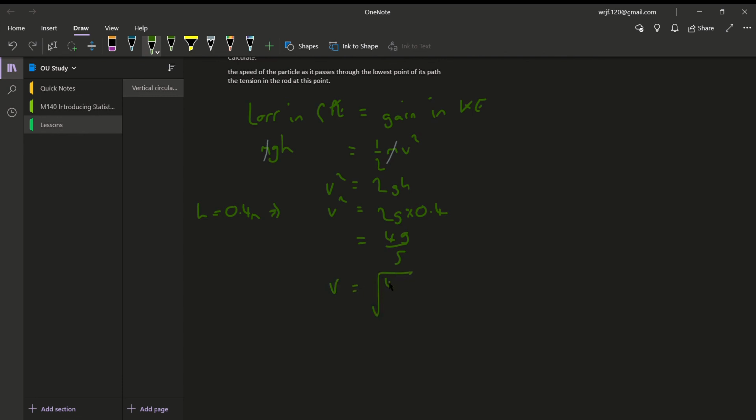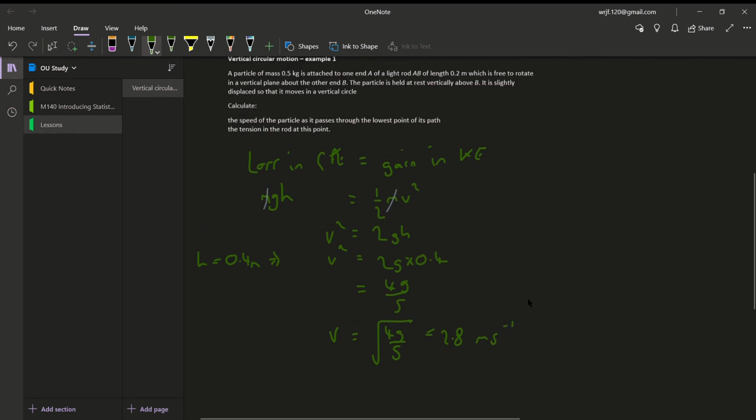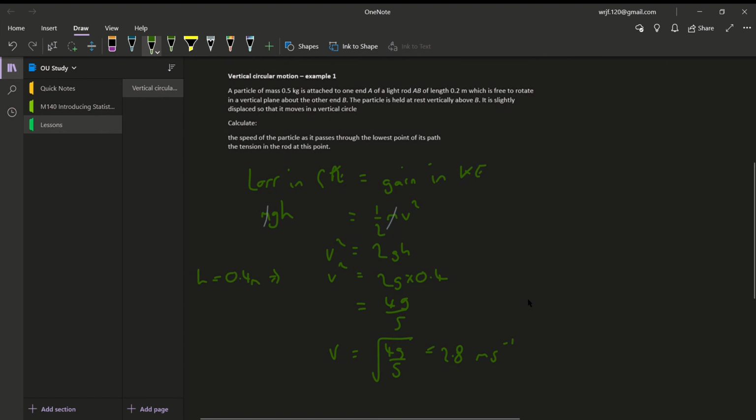So root 4g over 5, and if we calculate that as a decimal number, actually it comes out rather neatly as 2.8, and of course that's a speed which will be in meters per second. So speed at the lowest point on the circle, 2.8 meters per second.